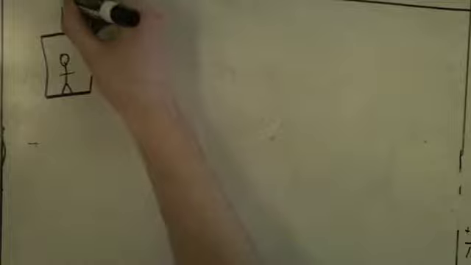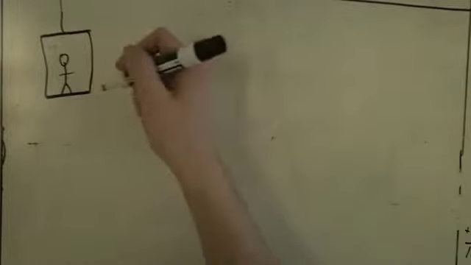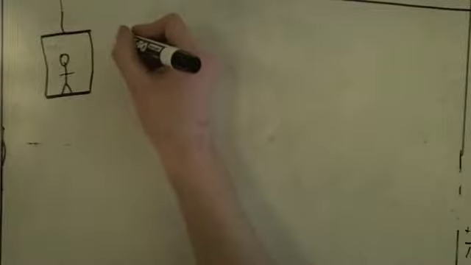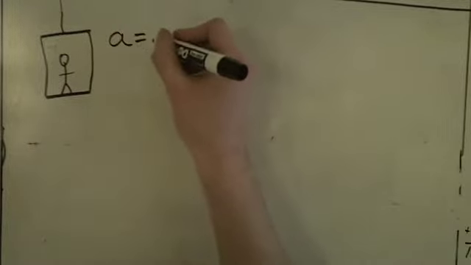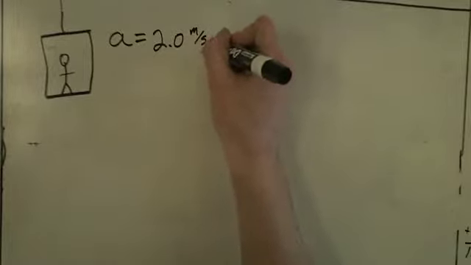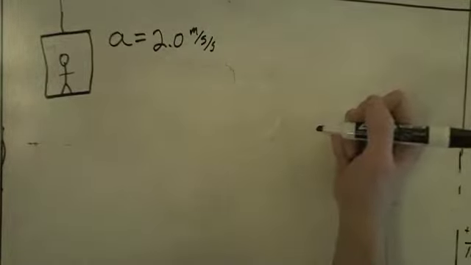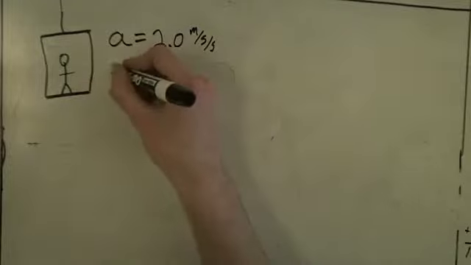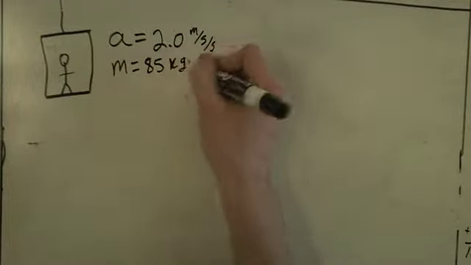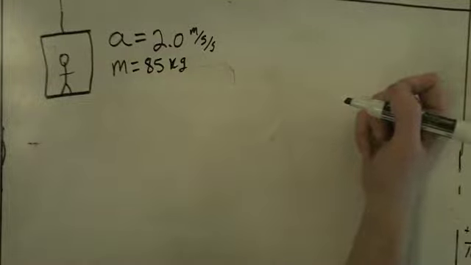Okay? So here in this situation, the man has just gotten on the elevator, and so the elevator starts moving, meaning it accelerates. And in fact, it accelerates at a rate of 2 meters per second per second. The man has a mass of 85 kilograms. Okay.